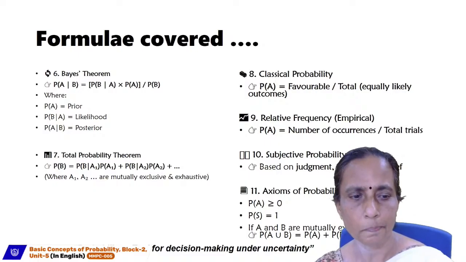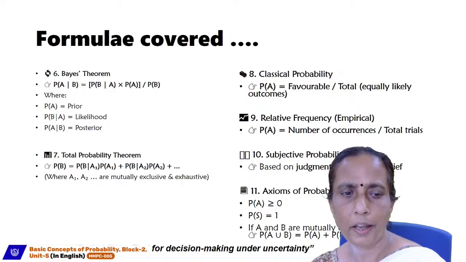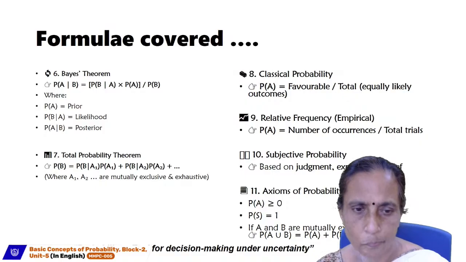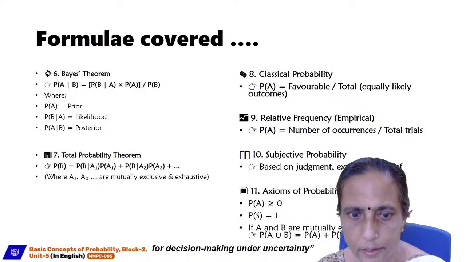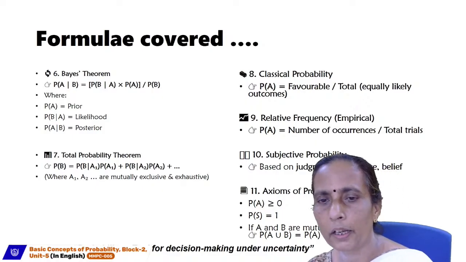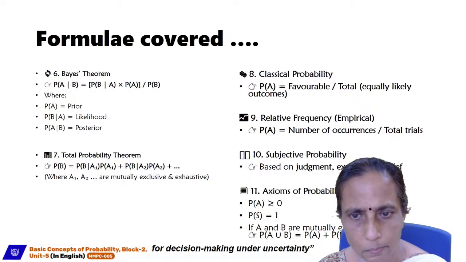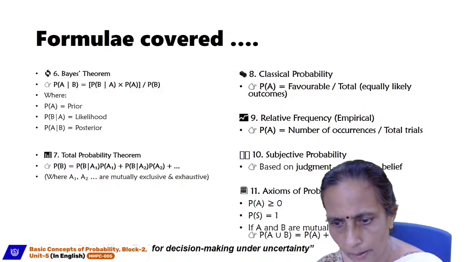We have also covered Bayes theorem and the total probability theorem, that is, probability of B is equal to probability of B given A1 into probability of A1, and so on, where A1, A2, and so on are mutually exclusive and mutually exhaustive events. Exhaustive means the union is the sample space, and mutually exclusive means they are disjoint, that is, the intersection is the null set. The classical probability of the event A is favorable outcomes divided by total equally likely outcomes, and relative frequency is the number of occurrences divided by the number of trials. We have also covered subjective probability and the three axioms.